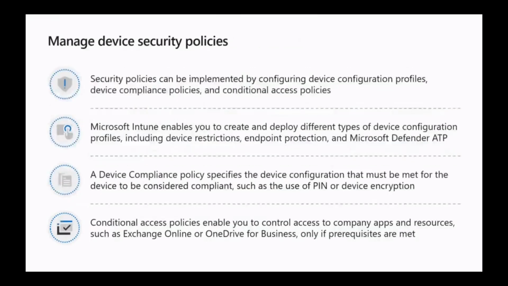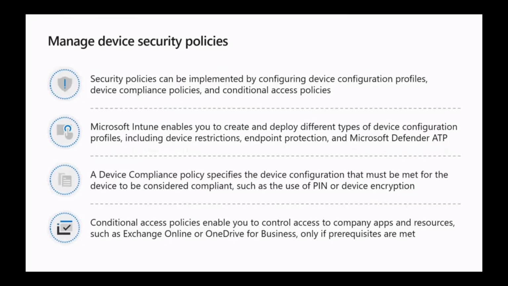All right. So now, how can you manage device security policies? In this case, security policies can be implemented by configuring device configuration profiles, device compliance policies, and conditional access policies as well. Intune will enable you to create and deploy different types of device configuration profiles, including device restrictions, endpoint protection, and Microsoft Defender ATP.